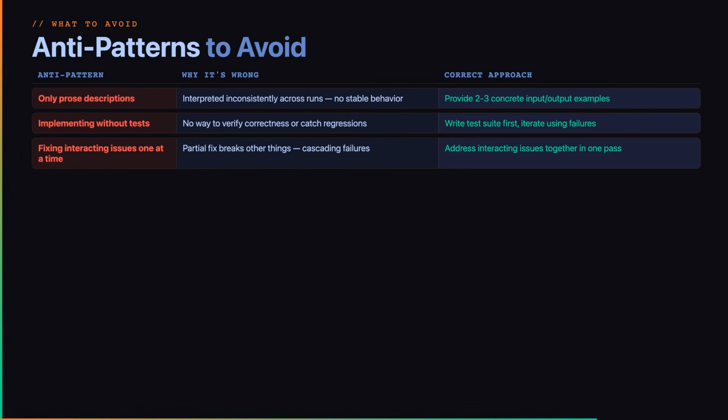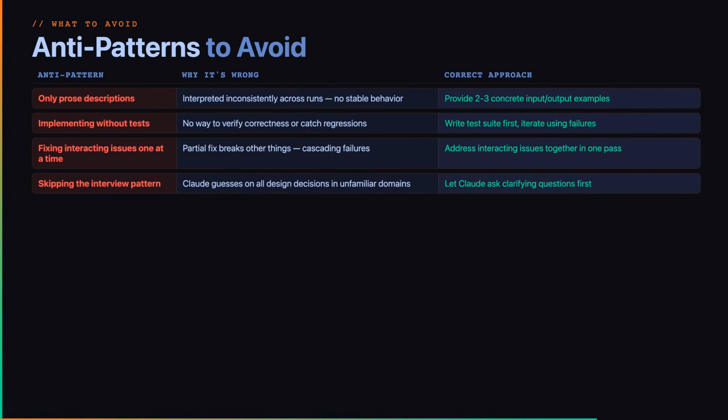Anti-pattern 3. Fixing interacting issues one at a time. A partial fix breaks other things, creating cascading failures. The fix. Address interacting issues together in one pass. Anti-pattern 4. Skipping the interview pattern in unfamiliar domains. Claude guesses on all design decisions.